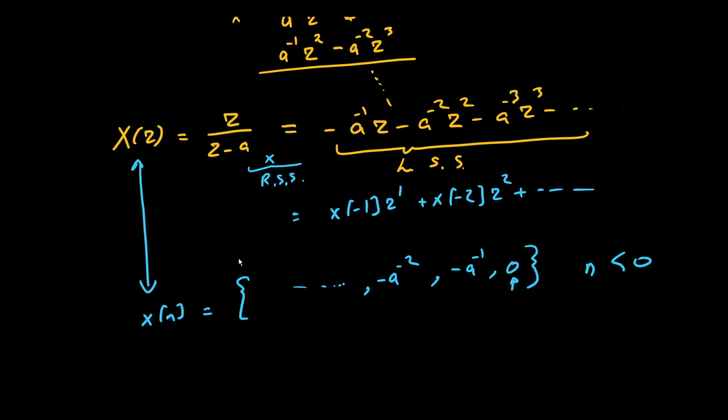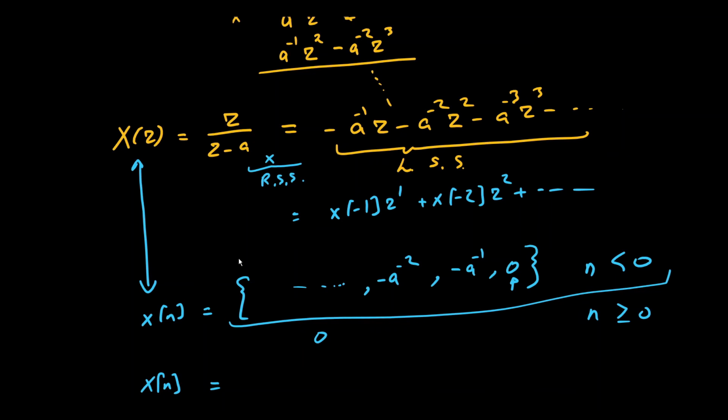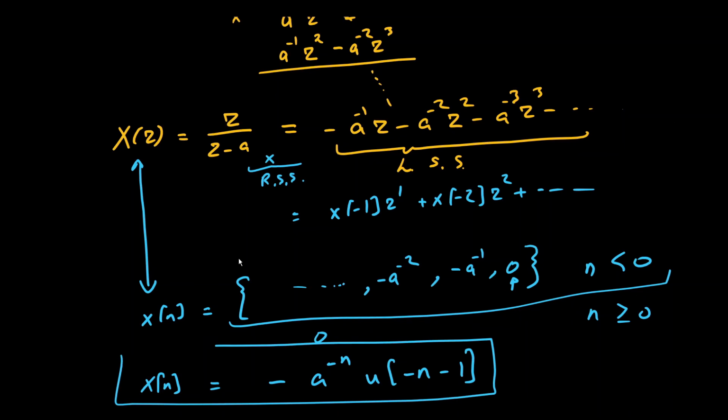This is just cancelled. When n is greater than or equal to 0, x of n is actually 0. So in a neat form, we can express this x of n as simply minus a raised to power n, u of minus n minus 1. So this is our inverse z transform.